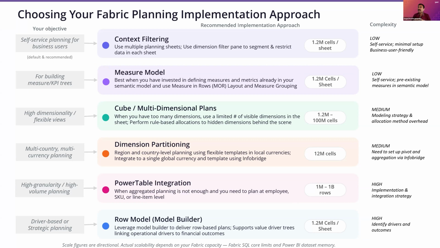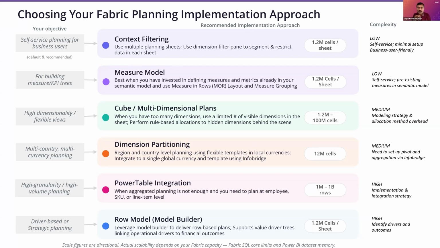One of the things that I wanted to talk about, this is something that we are coming out with as part of GA, is a new concept called a measure model, because we used to have what is called a row model or a model builder, but a lot of customers gave feedback that I have already invested in creating my measures, my KPIs, my metrics already modeled and is part of my semantic model.